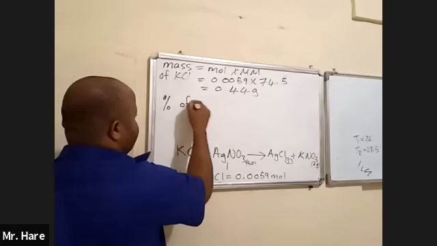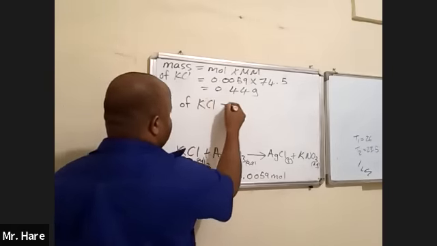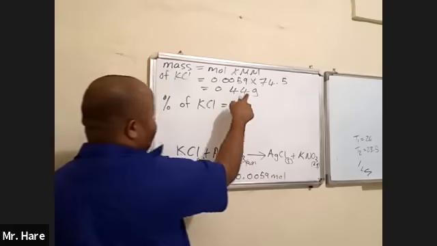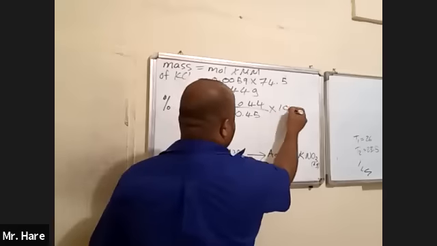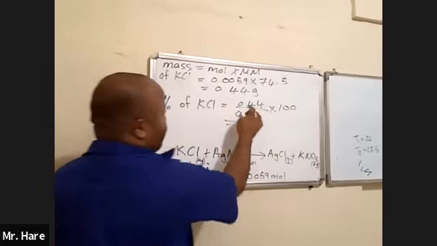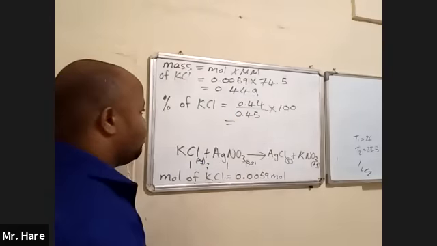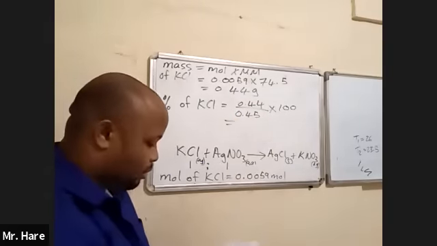So the percentage of KCl is equal to the mass of the KCl divided by the mass of the sample, times 100. If you use 0.44, I got 97.8.